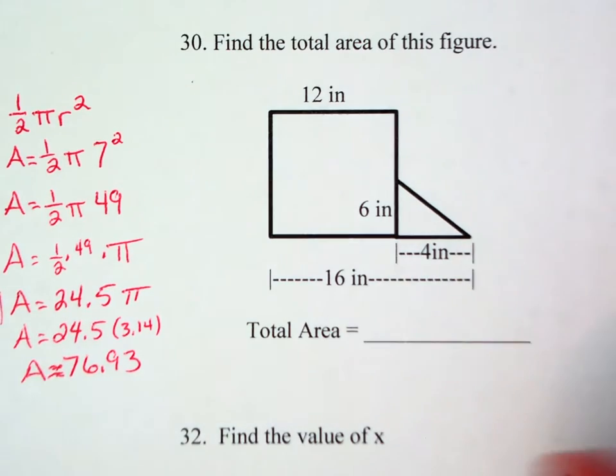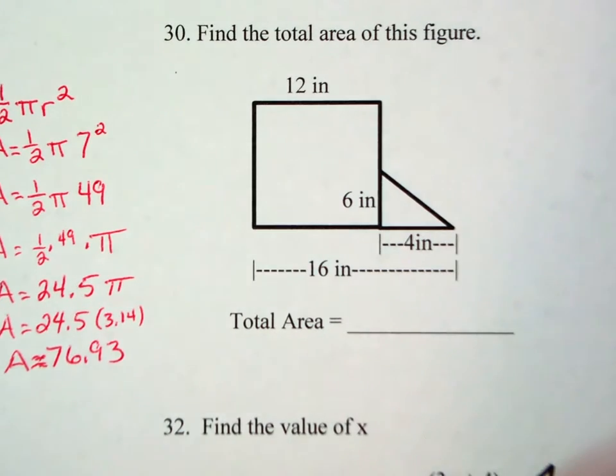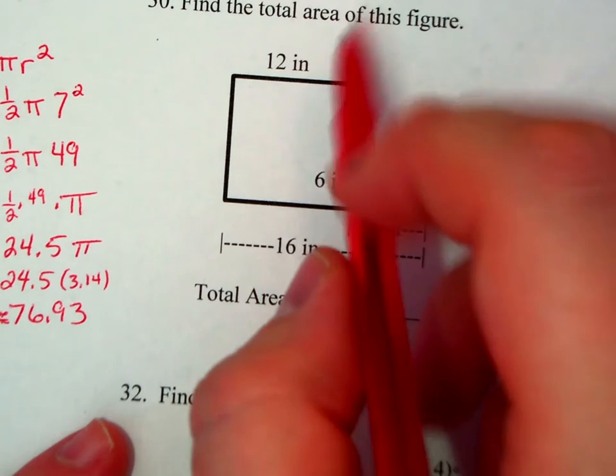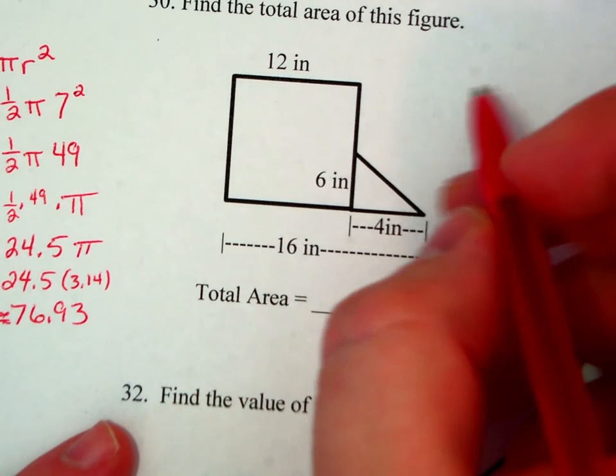Number 30, find the total area of this figure. This one should be a little bit more simple because these are straight up formulas. Don't require any pi's in them. So let's see, I have a square that is 12 by 12.